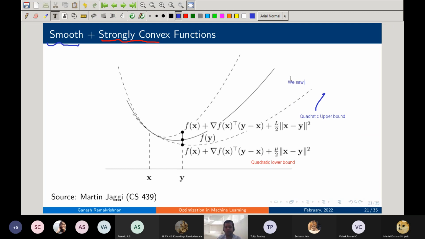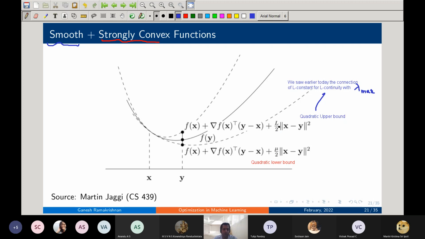So we saw earlier today the connection of the Lipschitz constant L for L continuity with the lambda max, the direction of max curvature, because you're trying to upper bound.